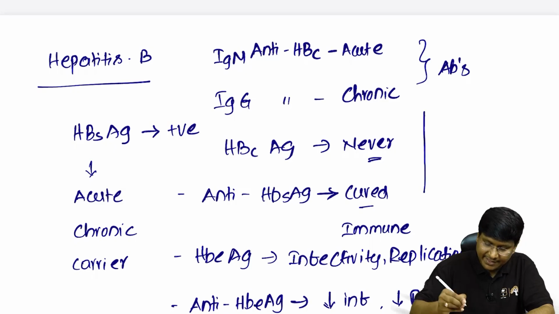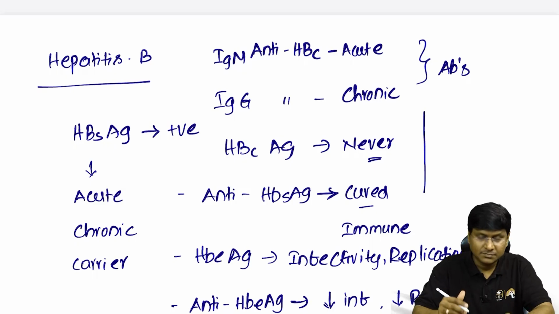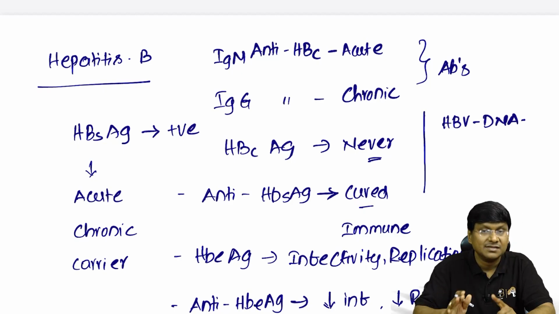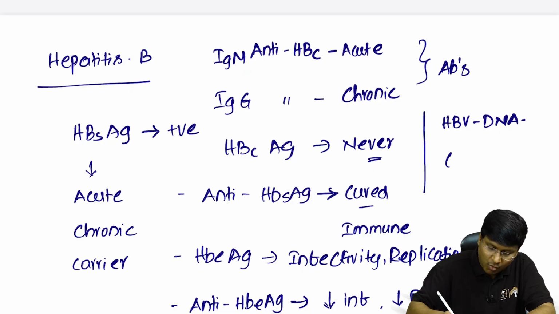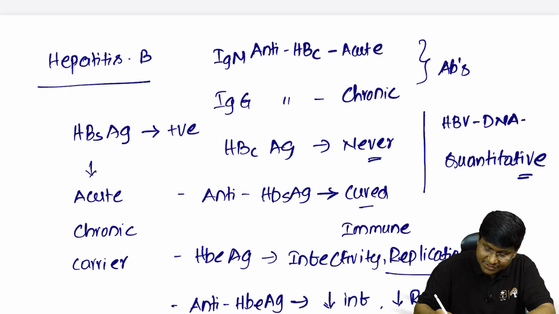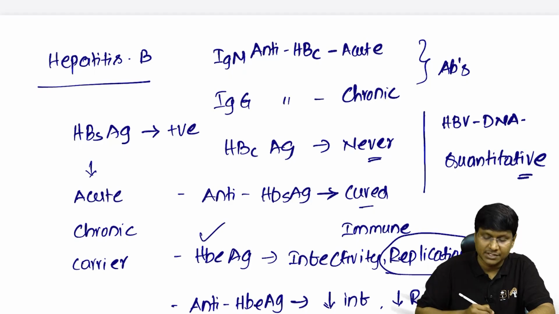And the next important, apart from envelope antigen, is HBV DNA levels. The HBV DNA levels will tell you about the quantitative replication of the virus, whereas qualitative replication is represented by HBeAg.